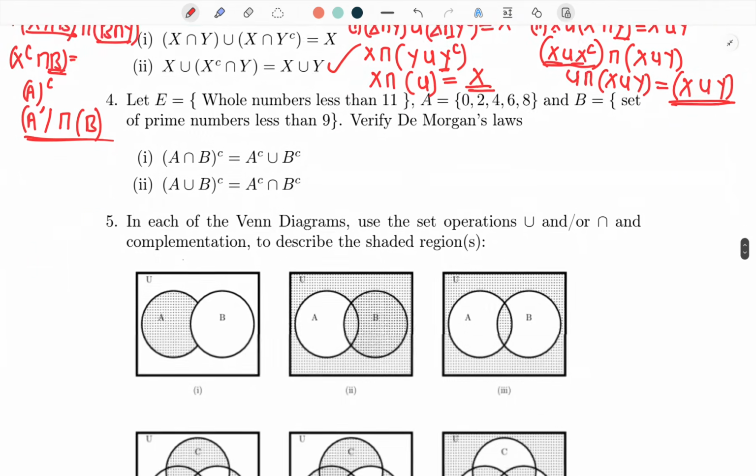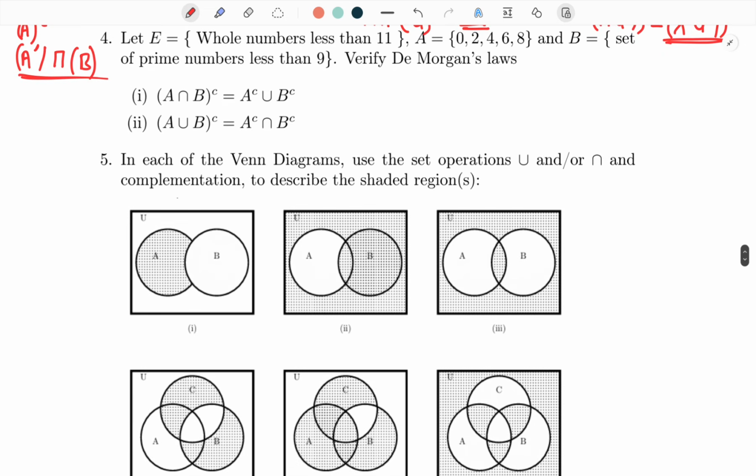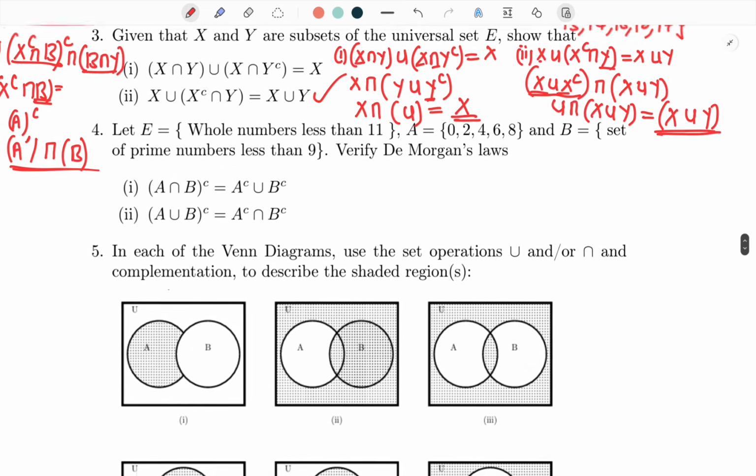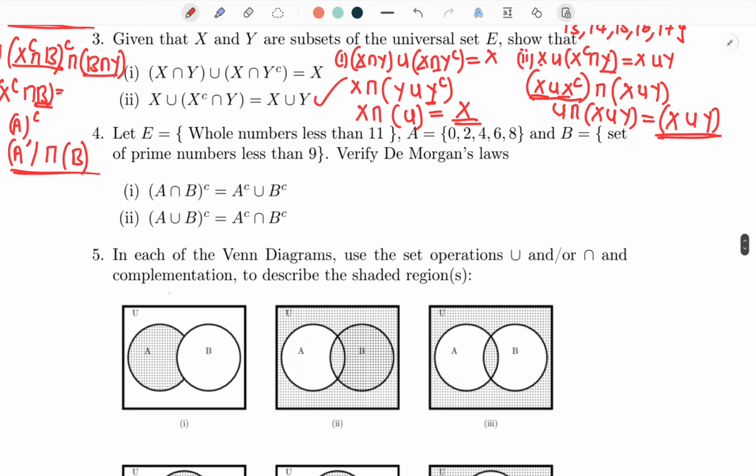We get to question 4, which is simply De Morgan's law. De Morgan's law. Okay? With De Morgan's law, it's actually very simple. Remember, De Morgan's law, they're just trying to tell you that whatsoever you can do on your right-hand side can also be done on your left-hand side. What does that imply?